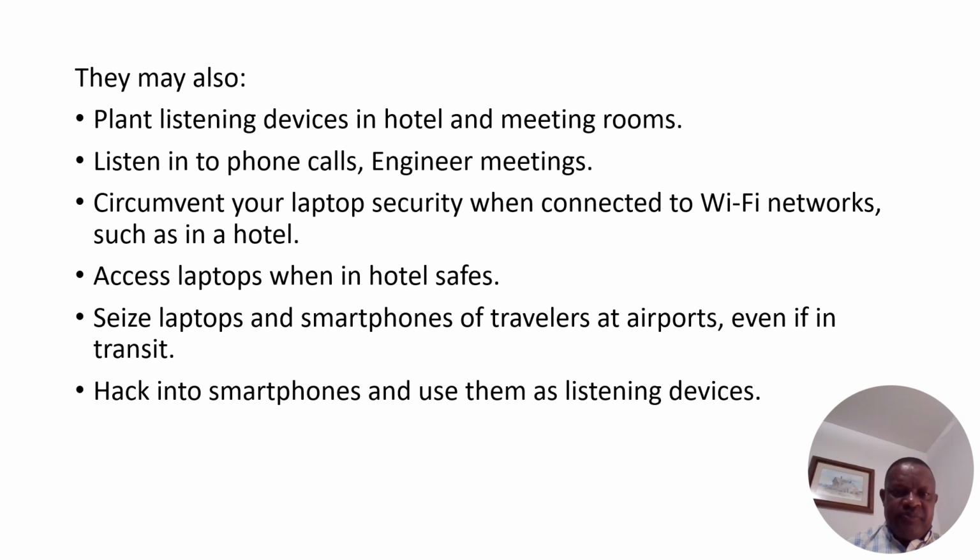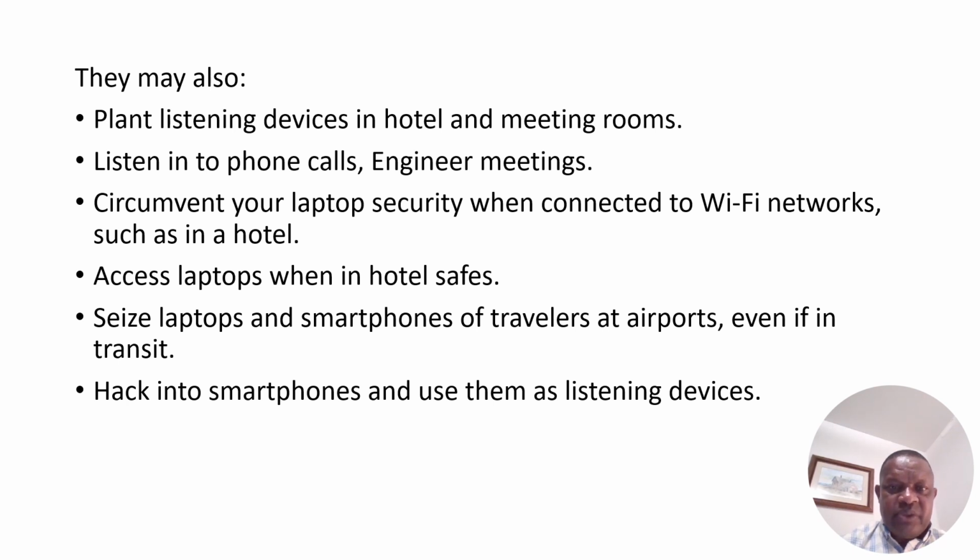Then they may plant listening devices in hotel and meeting rooms. Foreign countries are who we call foreign intelligence services. They may listen into phone calls, engineering meetings, etc. They may circumvent your laptop security when connected to Wi-Fi networks, such as in a hotel.